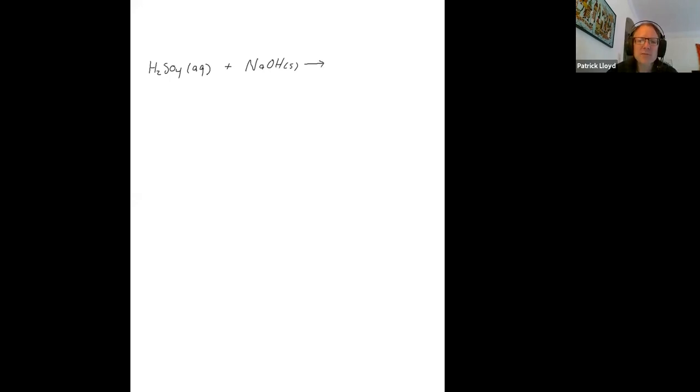That's forming aqueous sodium sulfate, Na2SO4, and that's also forming water. So there's your equation, but remember, we have to check to see if this is balanced. I'll balance it in a moment, but I'm going to write the masses down. Okay, so those are the masses there.